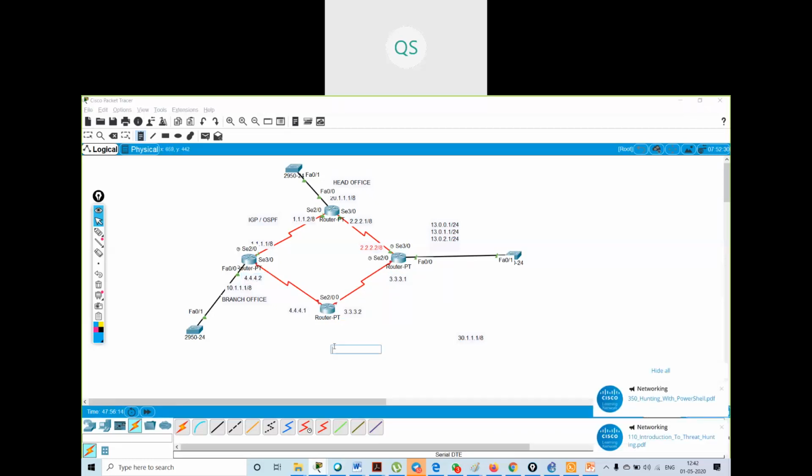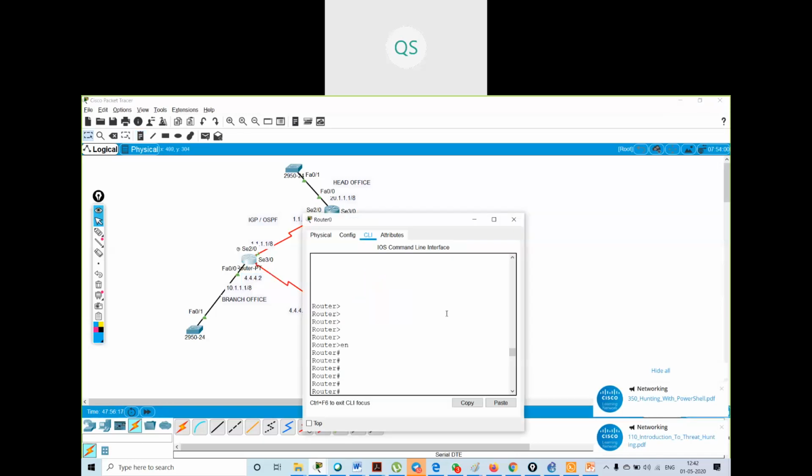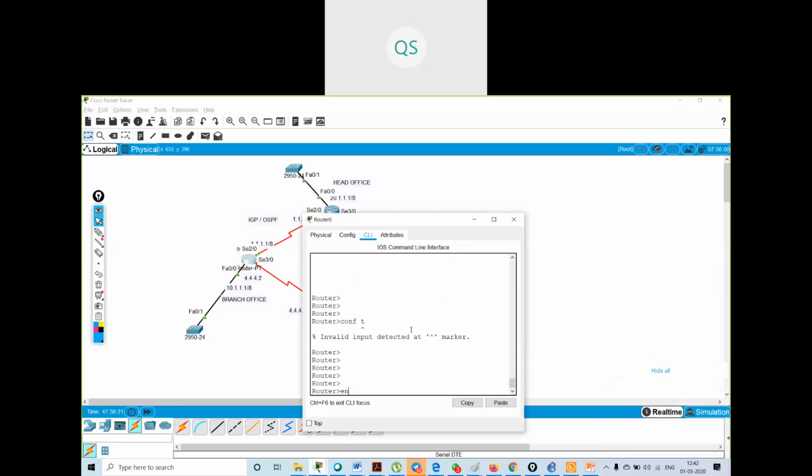So I will configure the IP addresses on the routers, and also advertise them in EIGRP. Config terminal, interface serial 3/0, IP address 4.4.4.2 255.0.0.0, no shut.